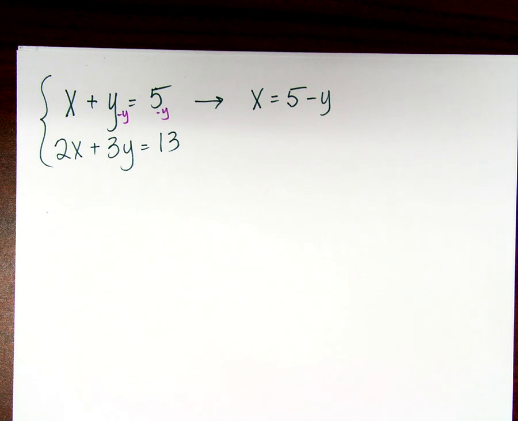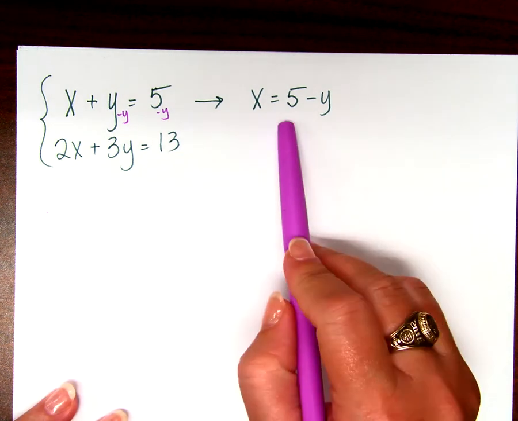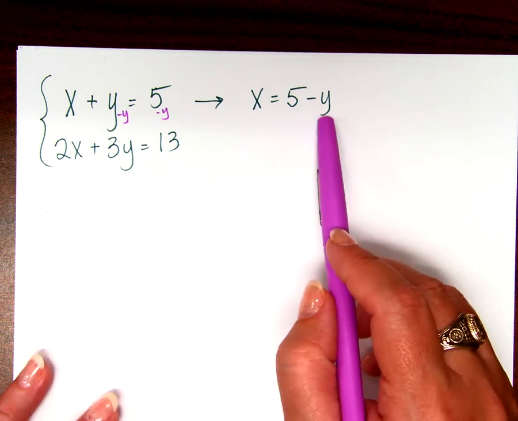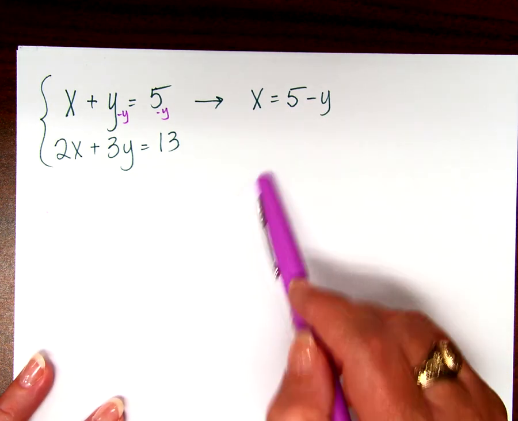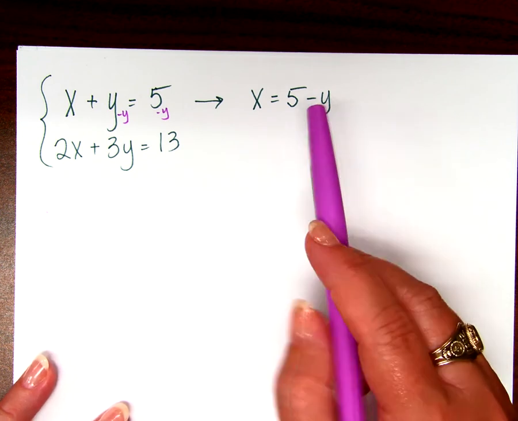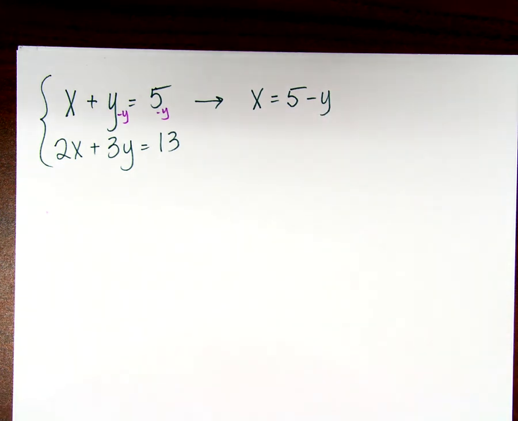There's no slope-intercept form when we're not graphing. We're not trying to graph it. We're just trying to substitute it. So to me, 5 minus y is a lot neater looking than negative y plus 5. You see what I'm saying? So it doesn't matter what comes first, the constant or the variable. It doesn't matter. We're not trying to get this into some specific form, if that makes sense. Yes?